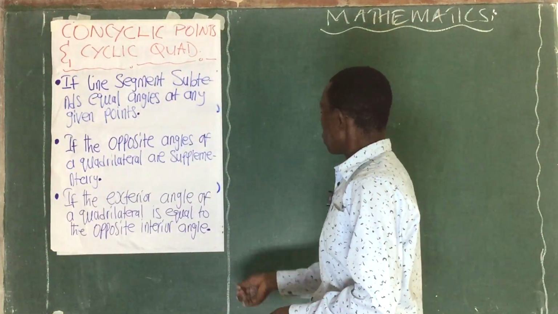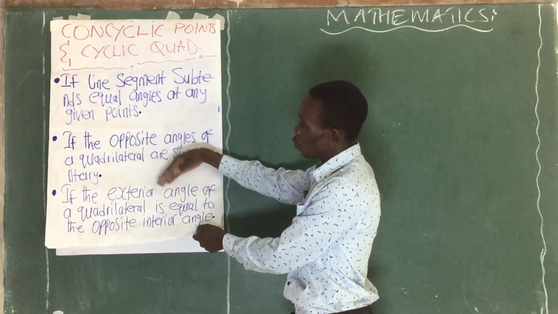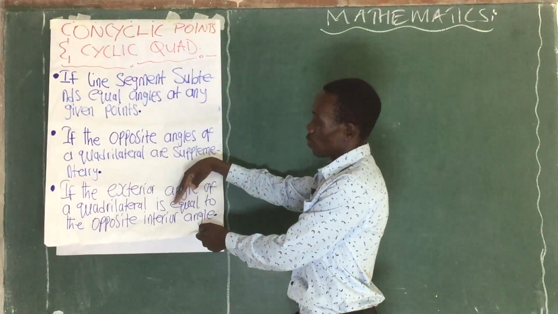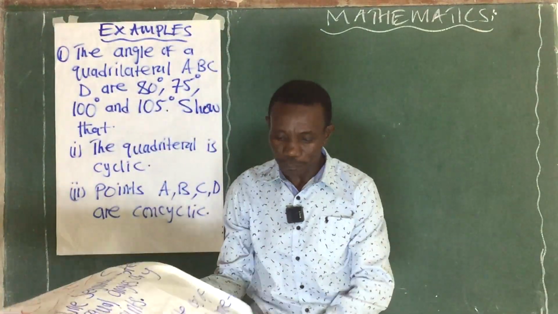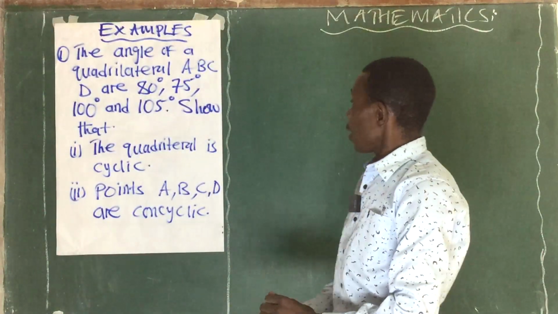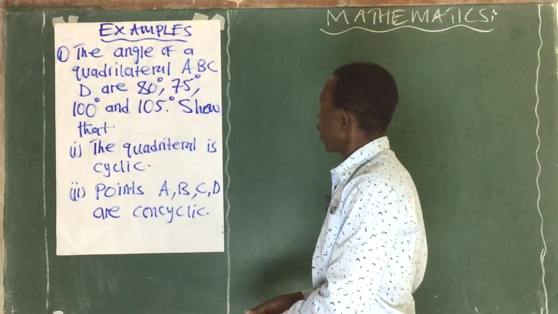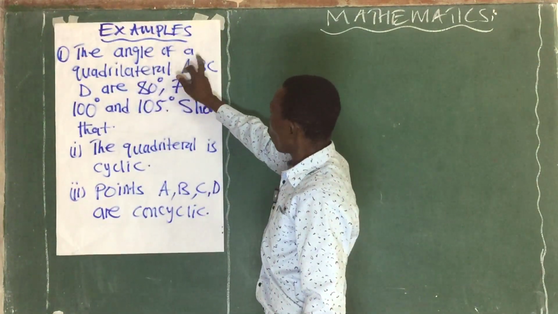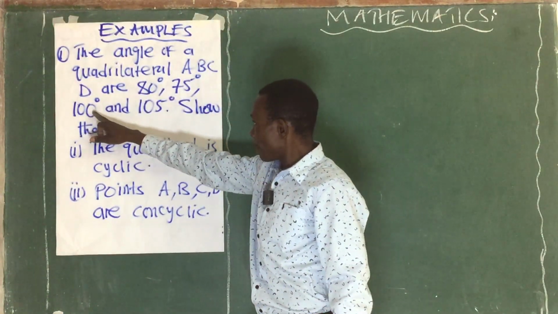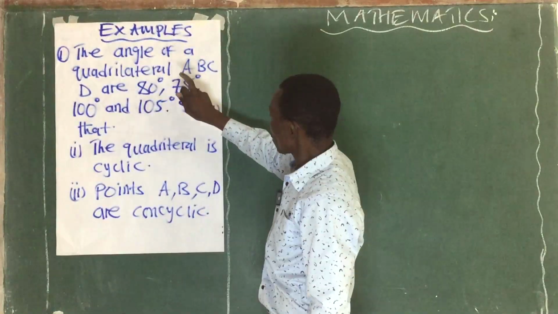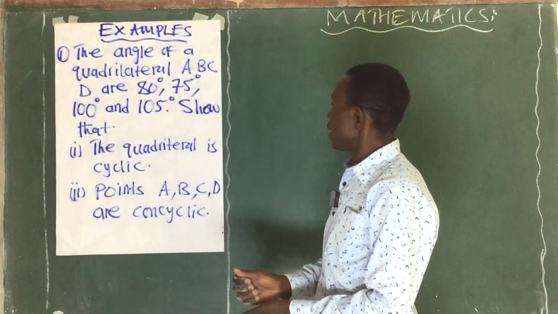So with me here, I've got two examples in which you can apply either of the two conditions. Let us look at the first example. We are told that the angles of a quadrilateral ABCD are 80, 75, 100, and 105, in that order.